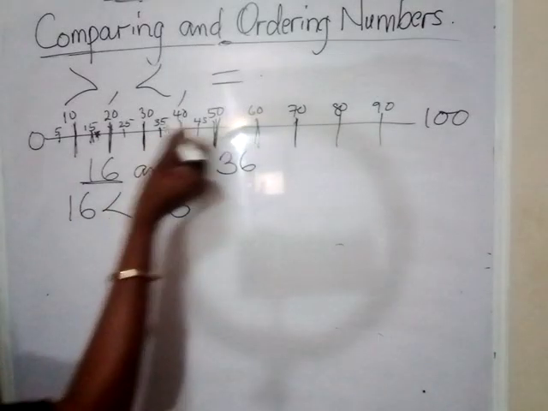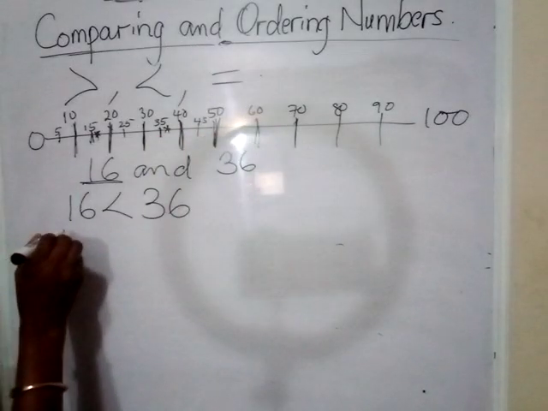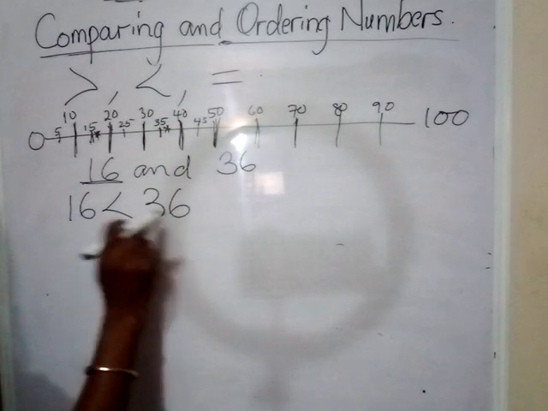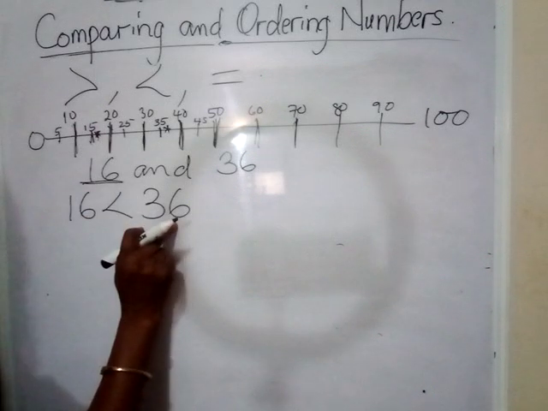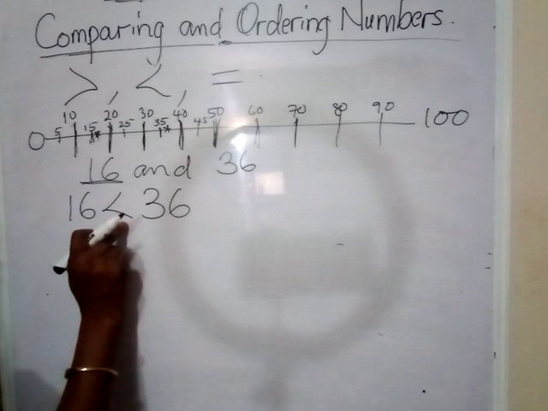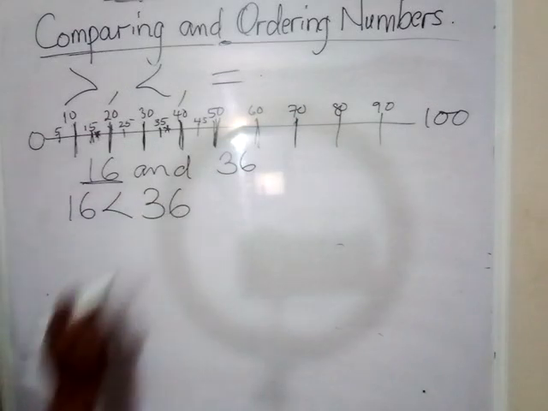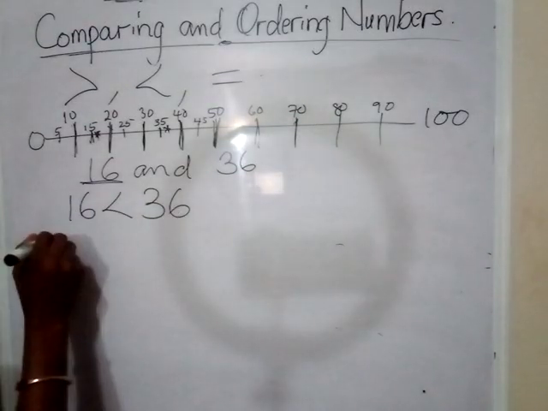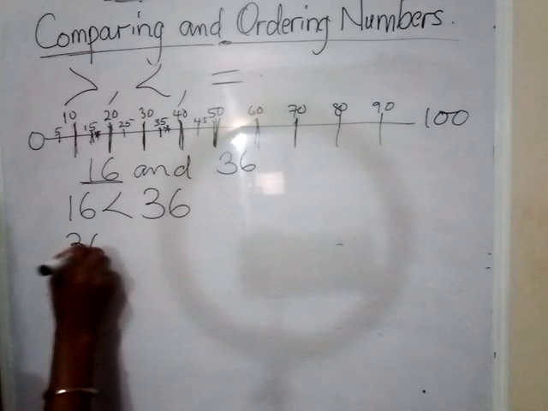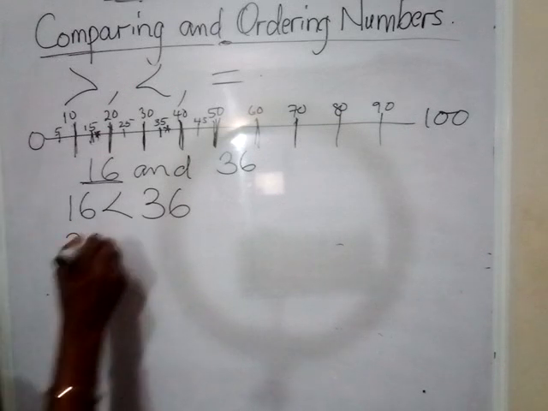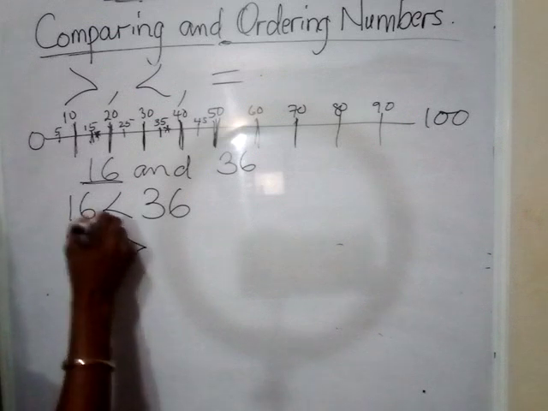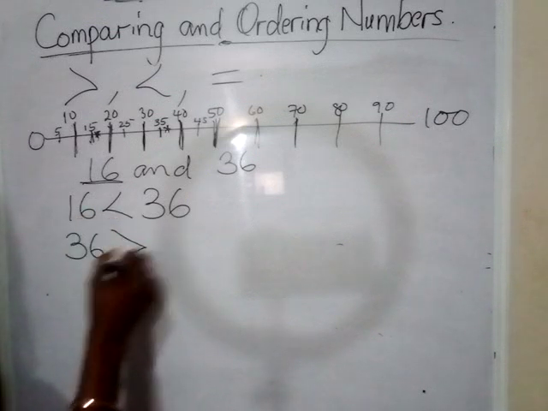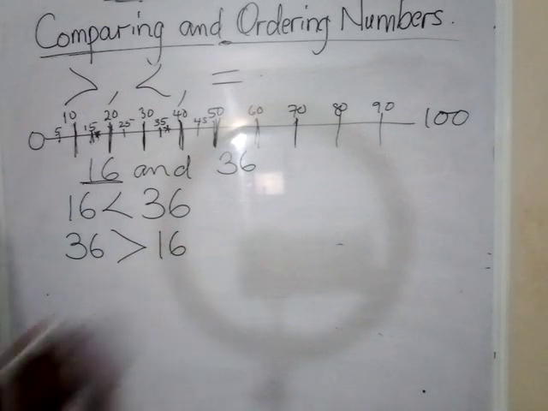That means 16 is less than 36, 16 is smaller than 36, 16 is not as big as 36. Then, if we are writing 36 first, we say 36 is greater than, bigger than, more than, larger than 16.